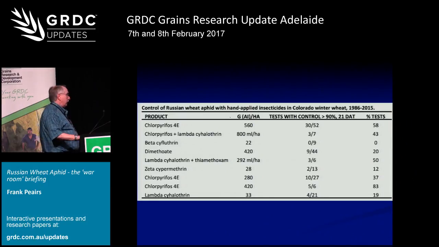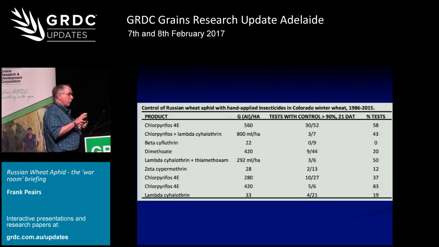Okay, so now that we have a threshold, we have also spent some time on chemical control, and this is my attempt to put this in Australian. So these are insecticide common names and either grams active ingredient per hectare or volume of product per hectare.